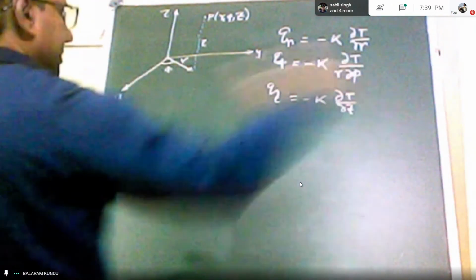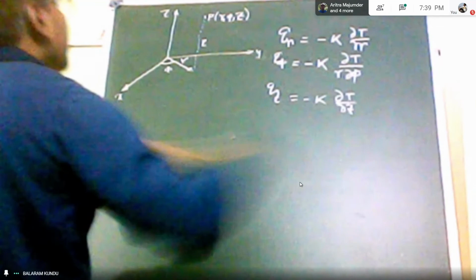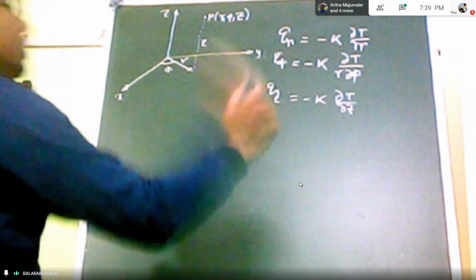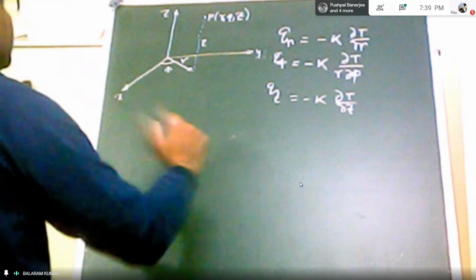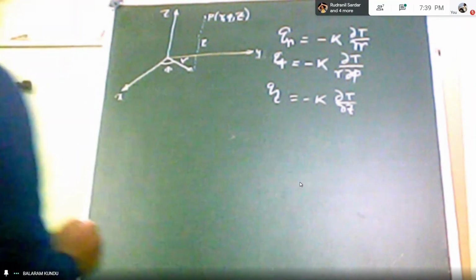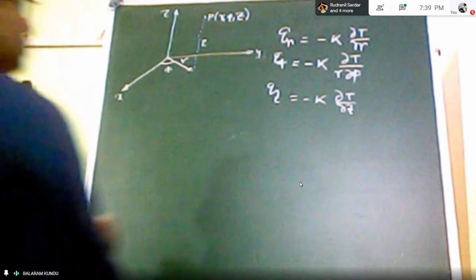Now using this, the final expression of the heat conduction equation in cylindrical coordinates can be written as follows.